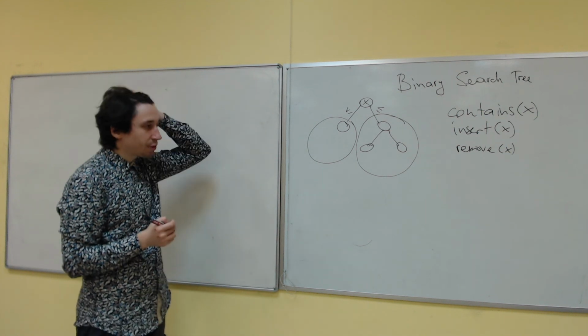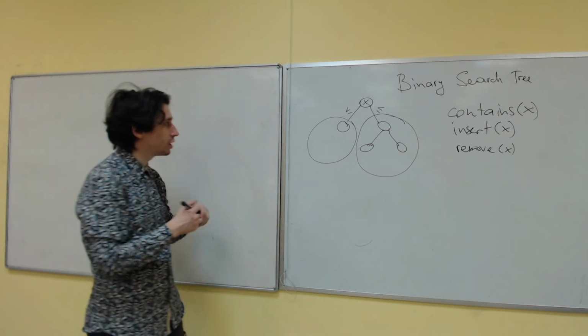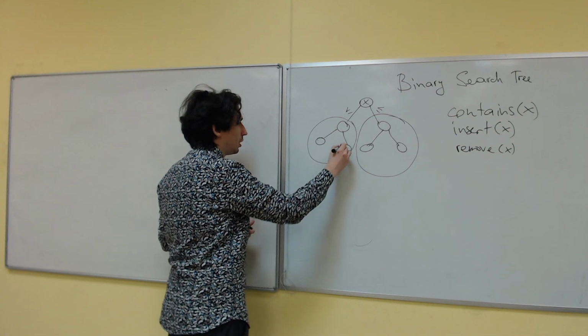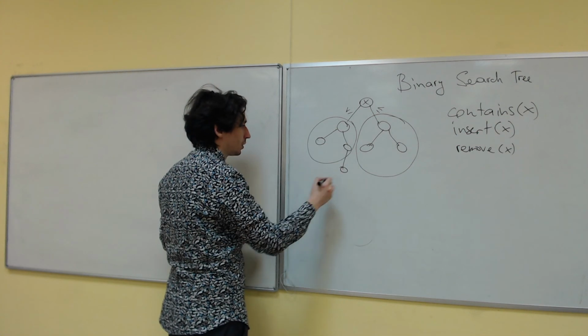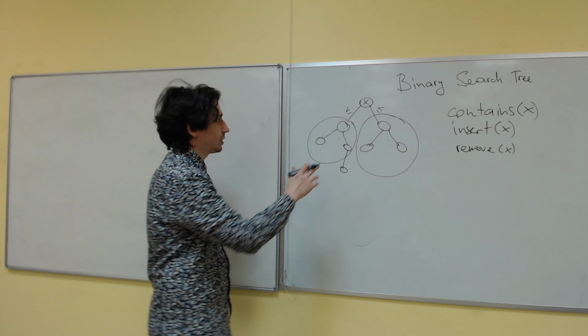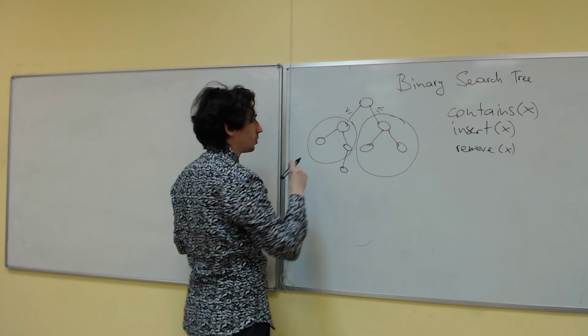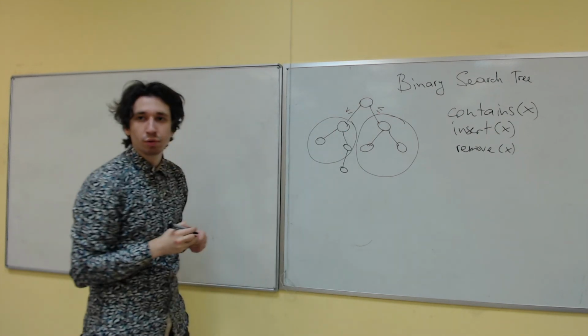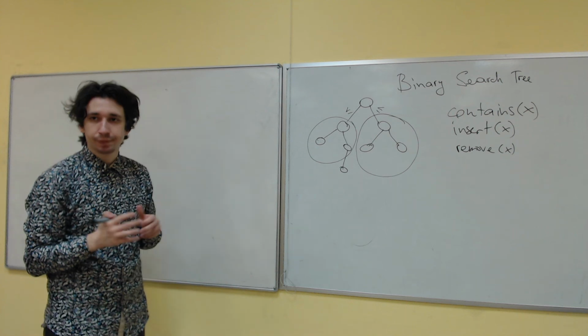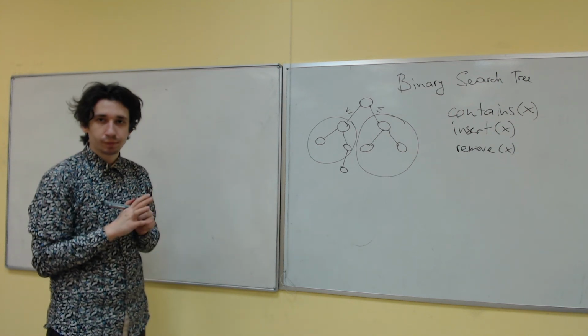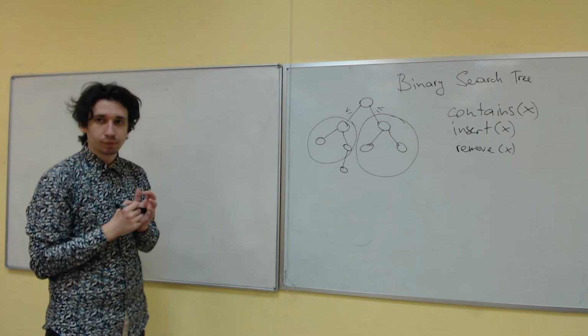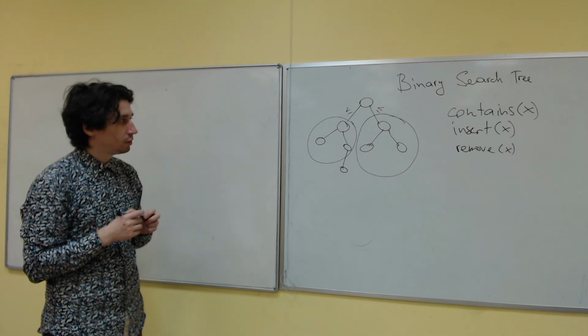So let us start from the first one. Suppose you are given a binary search tree, and you want to find element x. How would you work with that? Well, we look at our root. If it equals, then we return.